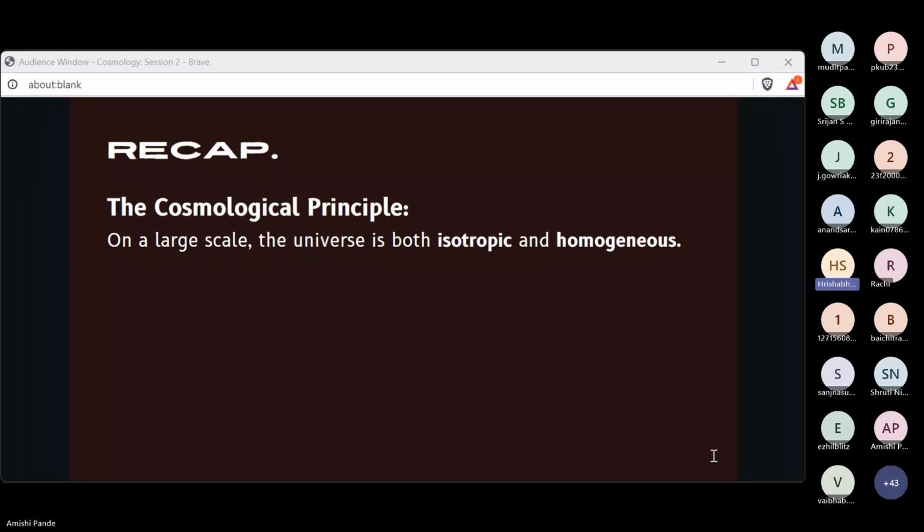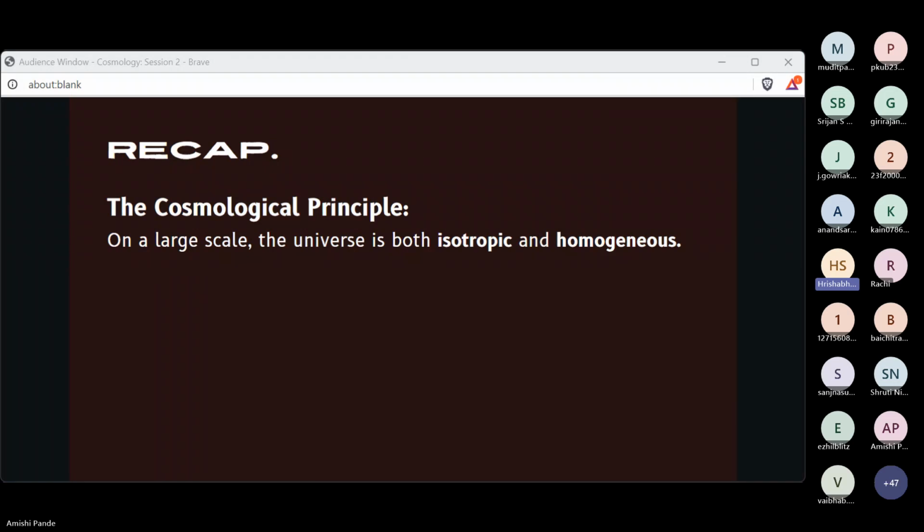Now we need to recap certain stuff before starting, just to freshen up your mind. The most basic thing that we will use to start this discussion is the cosmological principle, which simply means the universe is both isotropic and homogeneous on a large scale. Just keep this phrase in mind, on a large scale. I spent quite a lot of time explaining what is meant by the large scale.